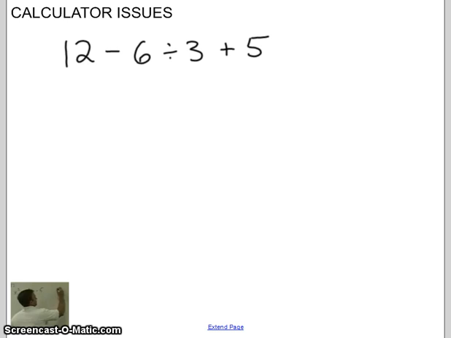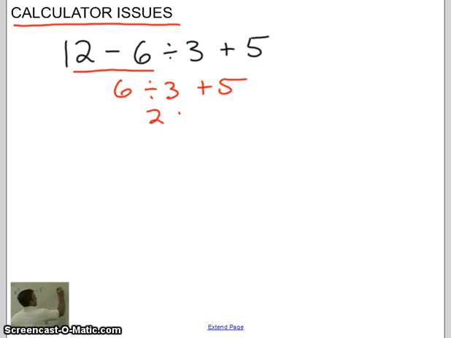You may experience issues with your calculator if you do use a calculator. Some calculators will do order of operations for you, others won't. So if you were going to type in this problem, you have 12 minus 6 divided by 3 plus 5. What you should do is 6 divided by 3 first because of order of operations. Or what some calculators might do is do 12 minus 6 first, since you typed it in that way, divide by 3, and then add 5.